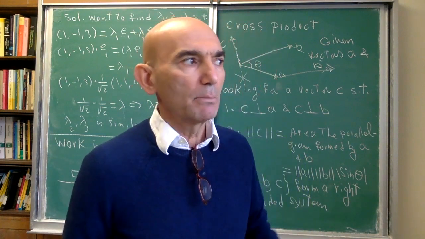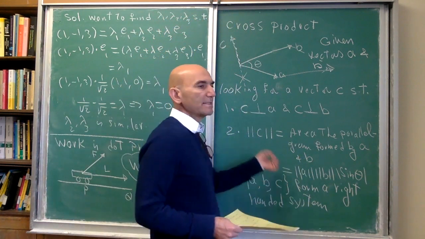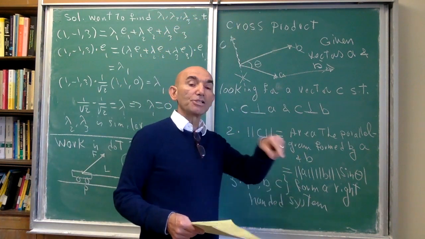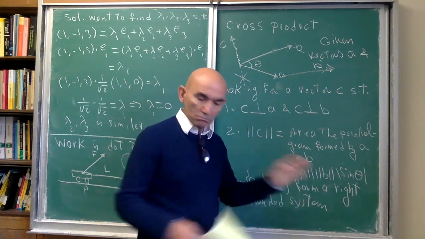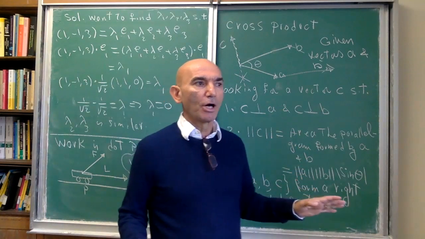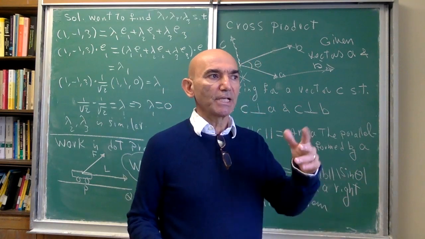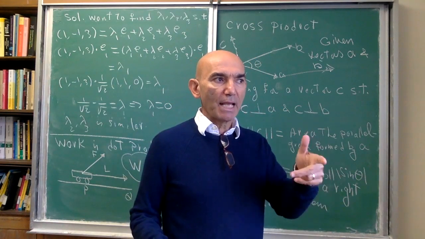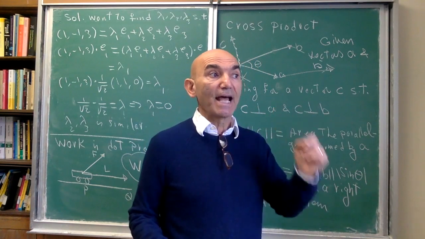So you can get a little more subtle and say that A, B, C has the same orientation as i, j, k. So that's a mathematical, precise, waterproof definition of what this direction of C is. We just say that it should have the same orientation or same handedness as the original standard basis.